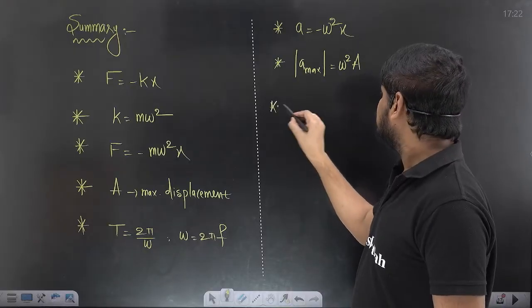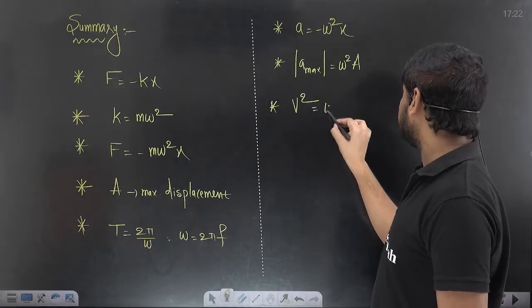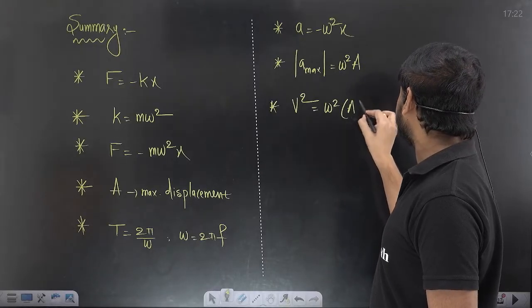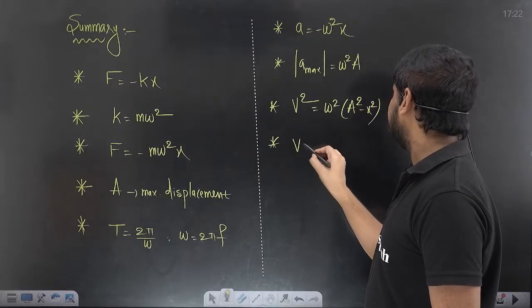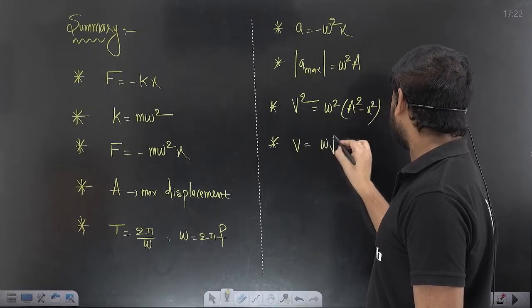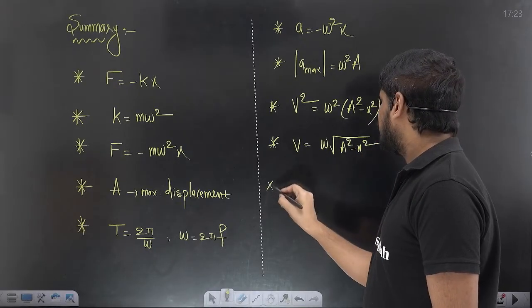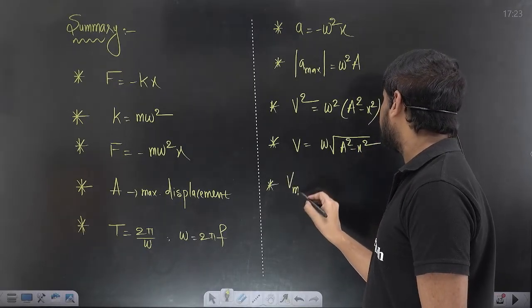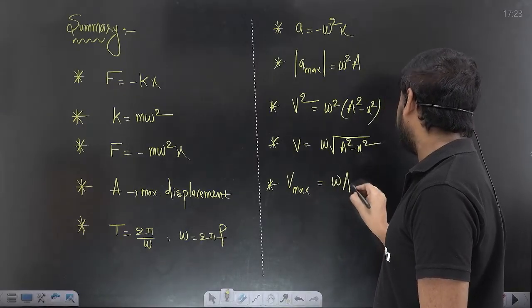And then the velocity of the particle which is performing S.H.M: v square is equal to omega square into a square minus x square. From here, the velocity v is equal to omega into the square root of a square minus x square. And what is the maximum velocity? v max is equal to omega into a.